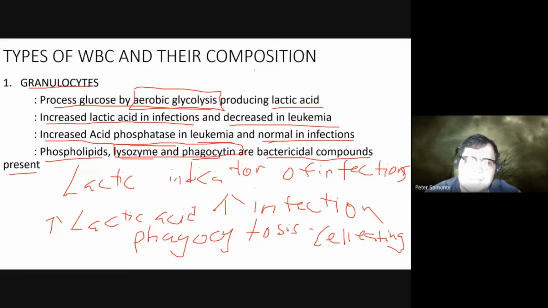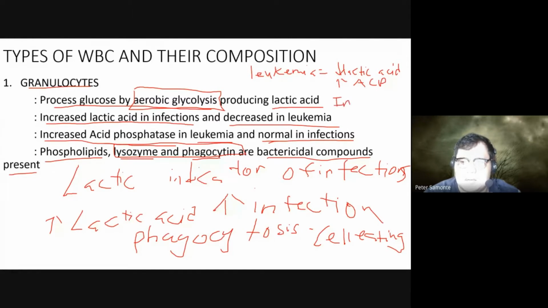So kapag meron kayong leukemia class, decrease ang lactic acid, increase ang acid phosphatase, also known as your ACP.